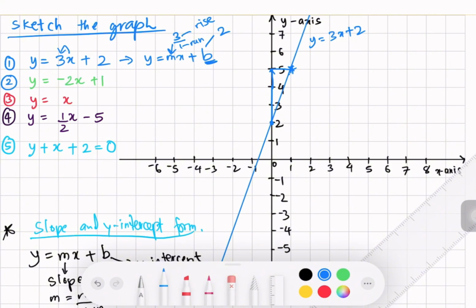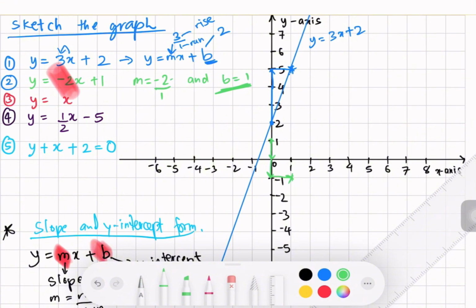The same method now you do for the next one. You have m and b, you need to catch hold of them. So here m equals negative 2 and b equals 1, so over 1, so this is your rise. So I start with b here, which is positive 1, then negative 2, so 1, 2, then I have positive 1, so I go towards here.